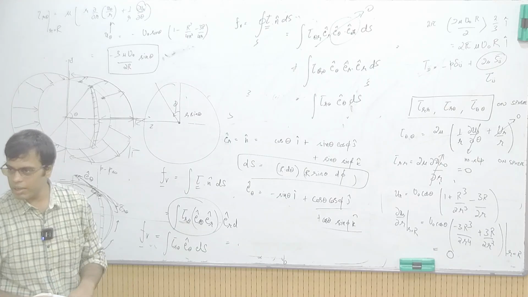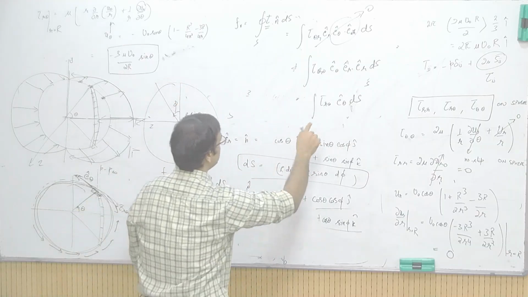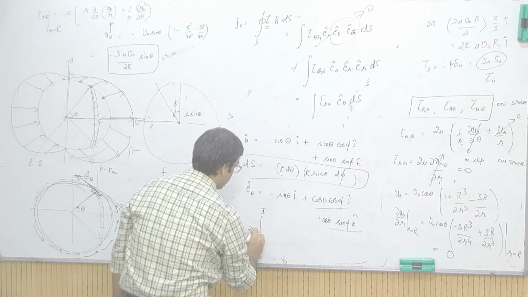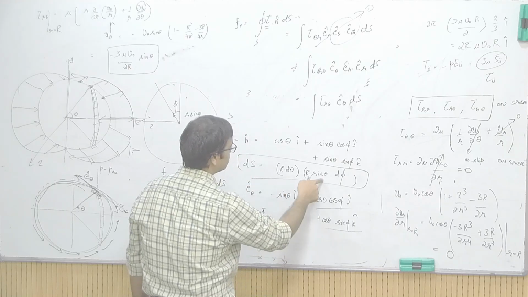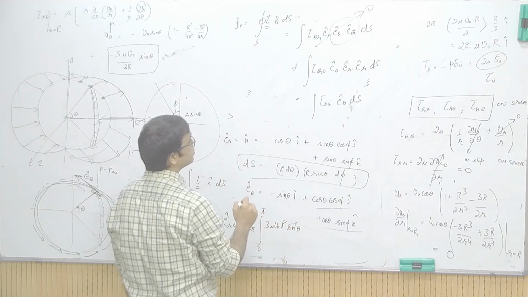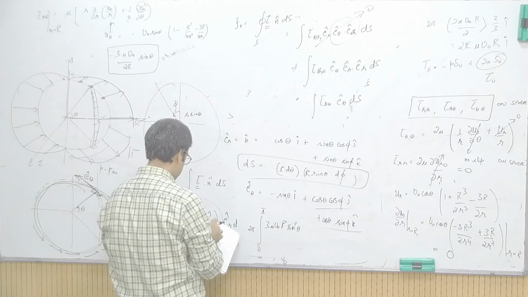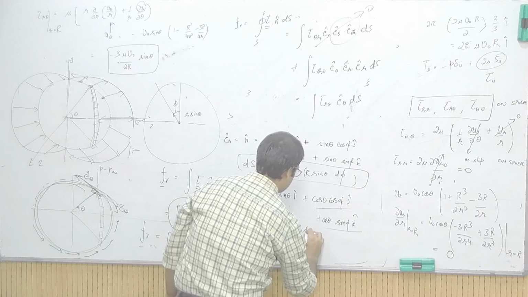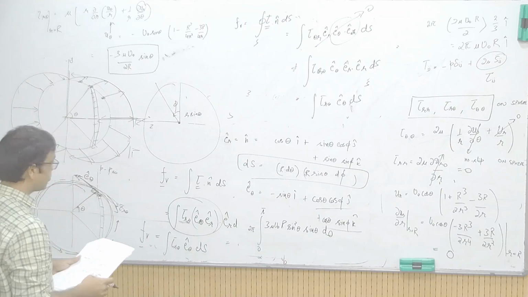So j cap and k cap components cancel out, and what you will be left with is your tau r, so you will be left with 0 to pi, and there will be a 2 pi 3 mu u naught r from this r square, and then a sine square theta, and then a minus of sine theta d theta.